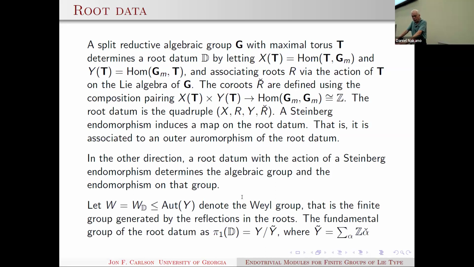You can define a Weyl group, a finite group generated by the reflections in the roots. You can define a fundamental group of the root datum, which is Y, the co-root lattice, modulo Y tilde, which is the sublattice generated by the co-roots themselves.